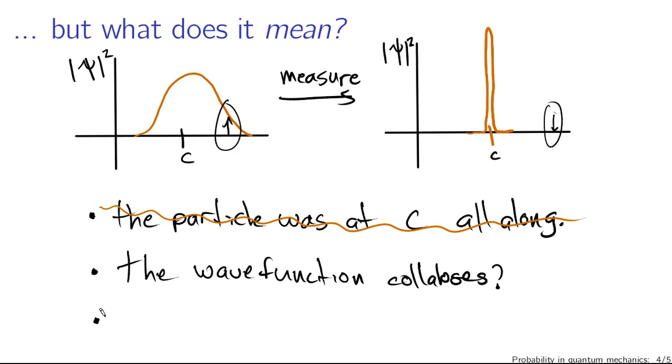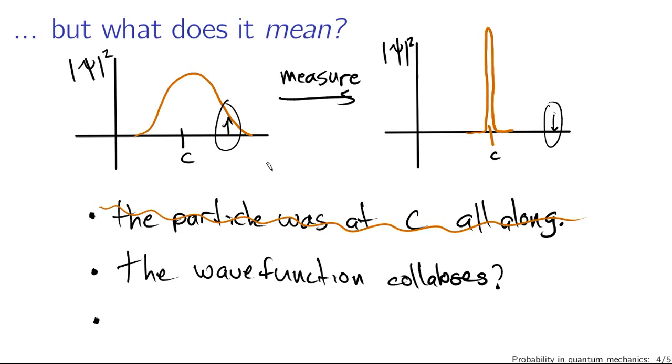One interpretation that I'll mention very briefly, but we won't really discuss very much, is the many worlds interpretation, and that's that when you make a measurement like this, the universe splits. So it's not that the wave function all of a sudden decreases here, it's that for us, in our tiny little chunk of the universe, the wave function is now this, and there's another universe somewhere else where the wave function is this, because the particle was observed to be here.